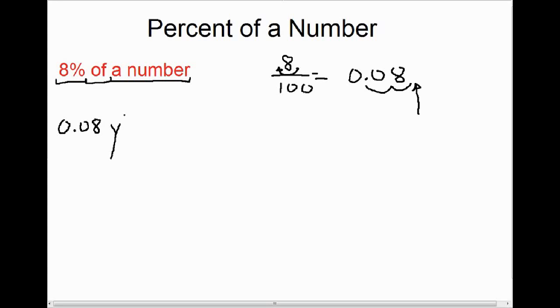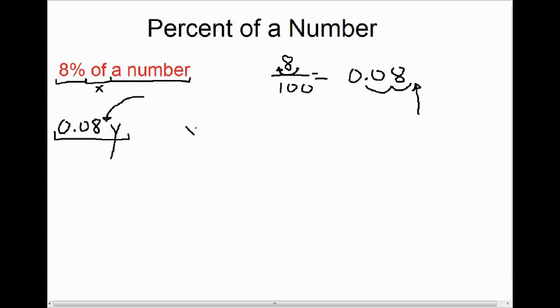Now that I'm using some algebra here, I want to try to stay away from using that symbol x for multiplying because it's very often used as a variable. So here I've actually written 8% of a number, because when we put the number right next to the letter like that in algebra, it means we're multiplying. The operation that we have in there is multiplying. So this is how we would calculate 8% of a number, 0.08 times y.